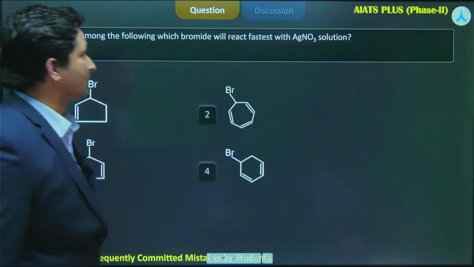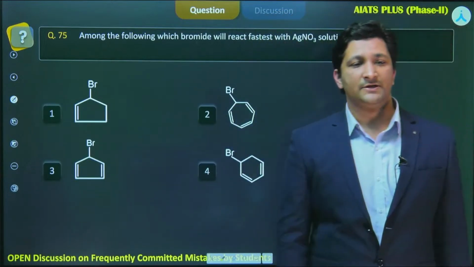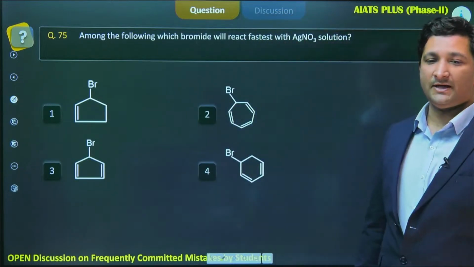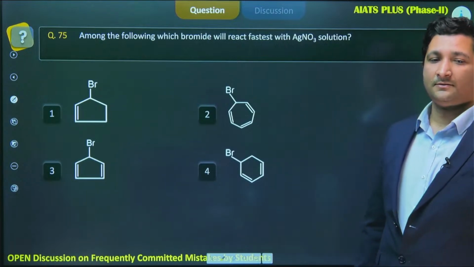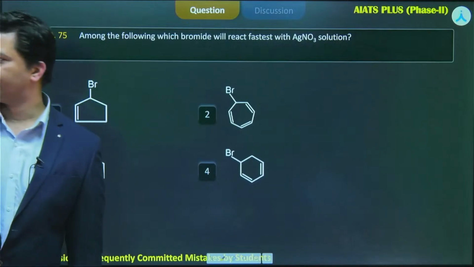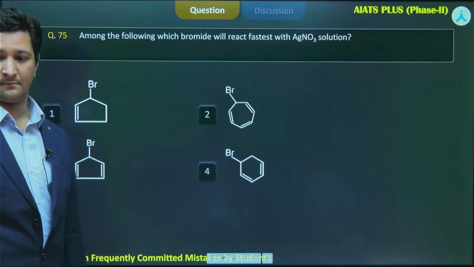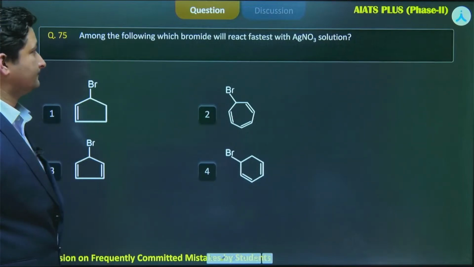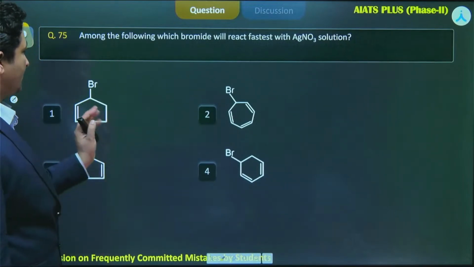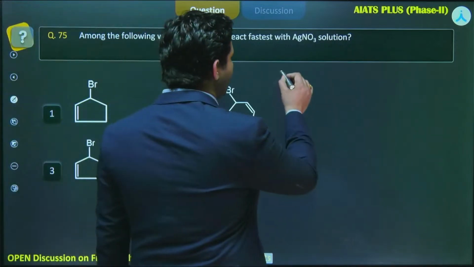Now let's come back to question number 75. Among the following, which bromide will react fastest with AgNO3 solution? If we talk about this question, suppose RX is there.